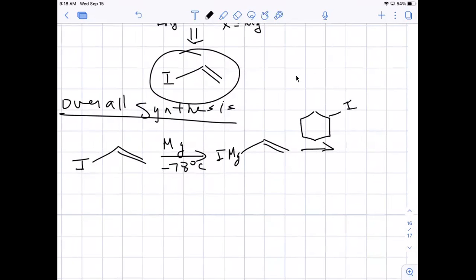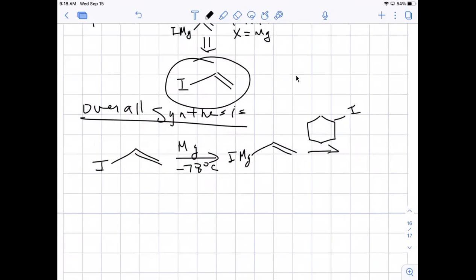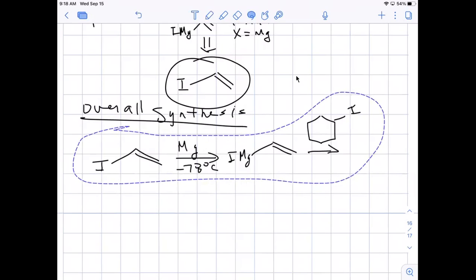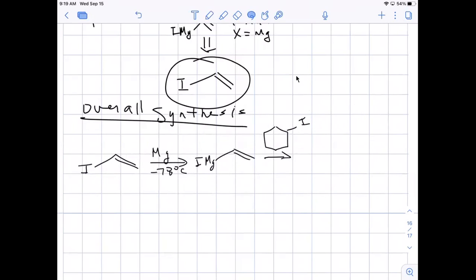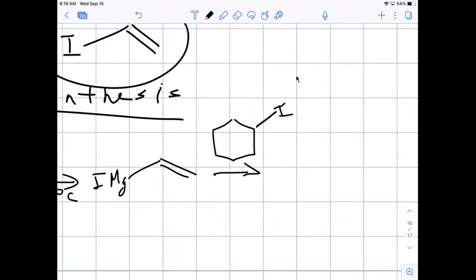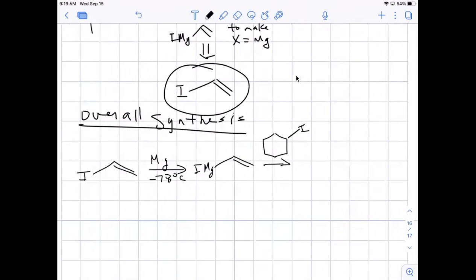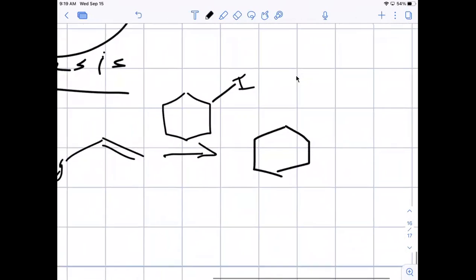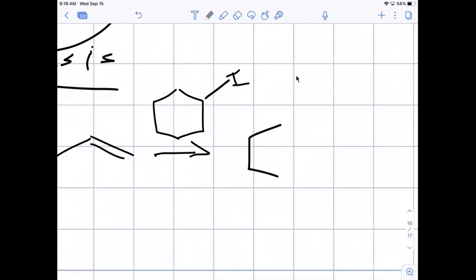What am I going to get? The pieces are going to come together. Yes, we're going to couple them. Is that right? So I'm going to end up with this. Yes or no?